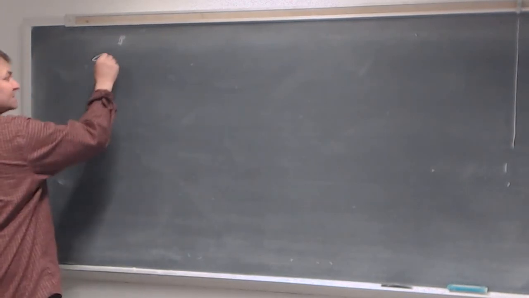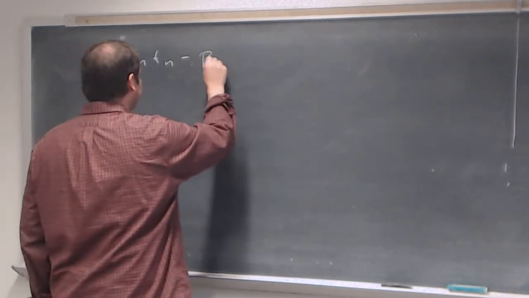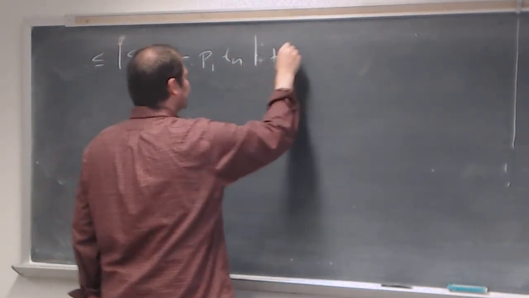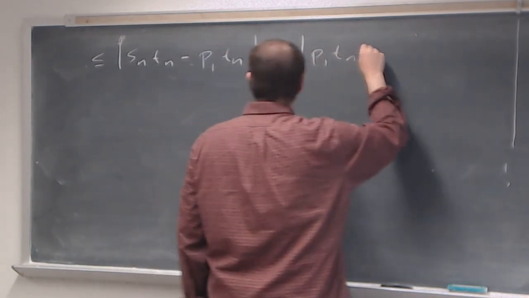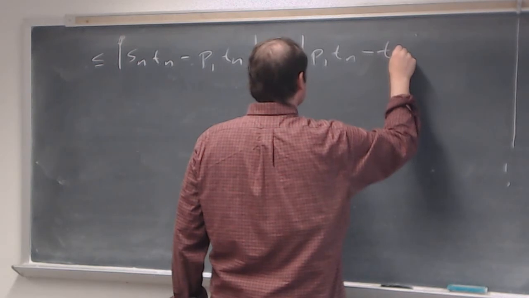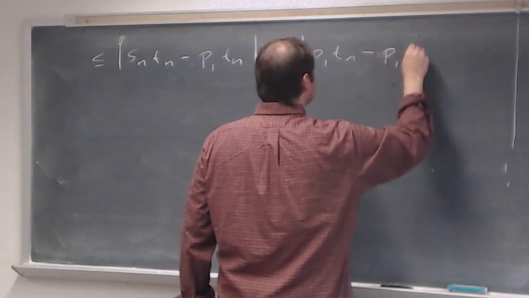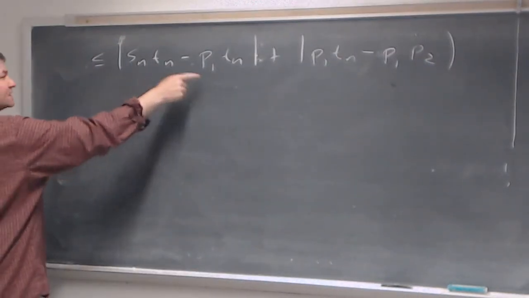Okay, so here, I will say that's less than or equal to the absolute value of S sub n, T sub n minus P sub 1, T sub n, plus the absolute value of P sub 1, T sub n minus P sub 1, P sub 2, right? Yes, and so here, we can take out a T sub n.